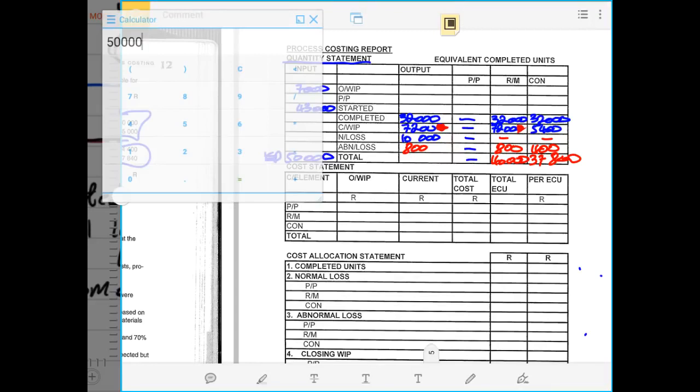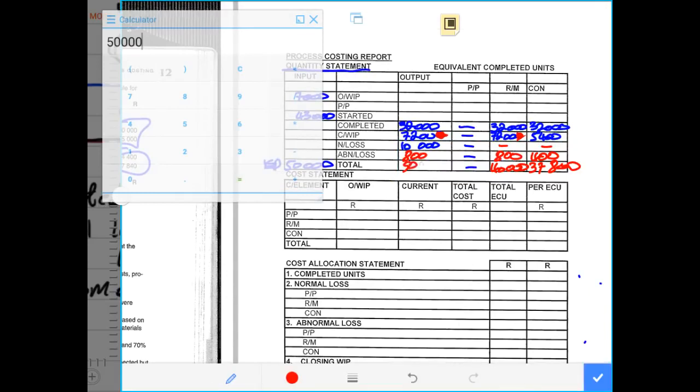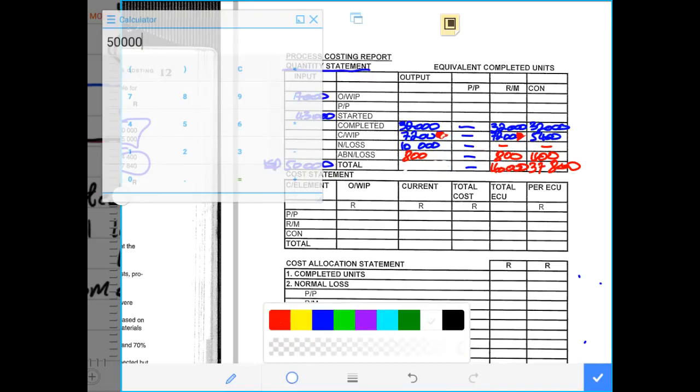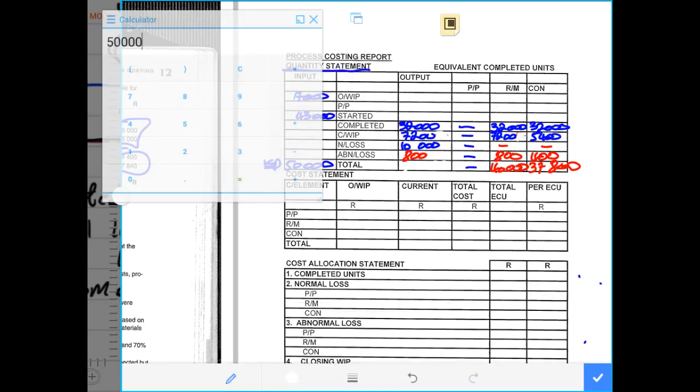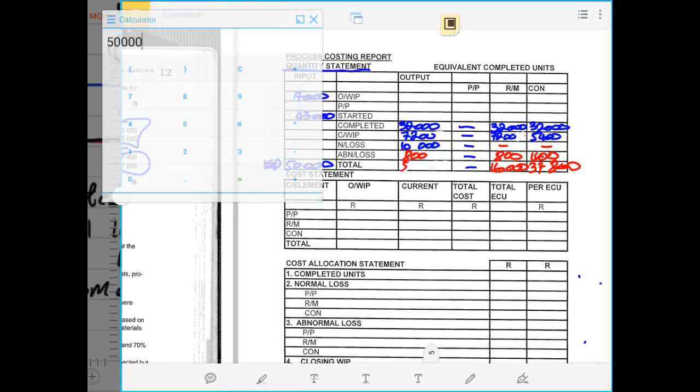So that will be the correct amount of the units that we have with regard to the output, with regard to the raw material, and with regard to the conversion cost. So the total of these units is 50,000 units.